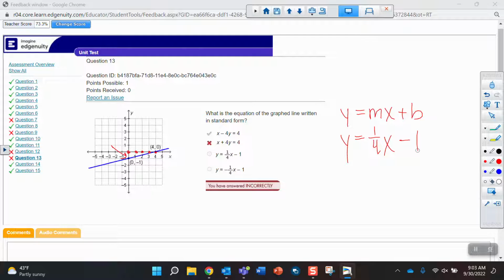And now I have to get it into standard form. Remember, we have to first move the x term to the other side. So I'm going to subtract 1/4 x from both sides. -1/4 x plus y equals -1. And then we have a rule. The rule is there can't be any fractions, and the x term cannot be negative. So in order to get rid of the fraction, I need to multiply by the denominator, so I have to multiply every term by 4.